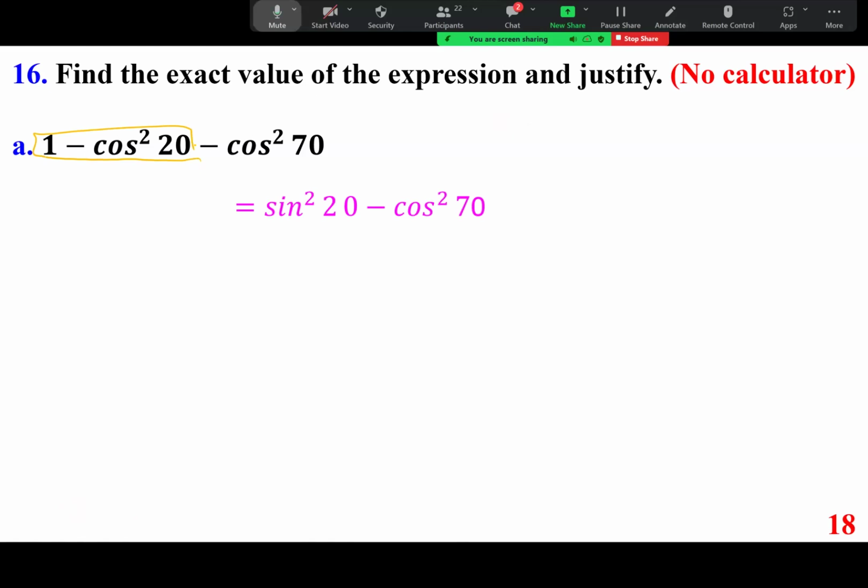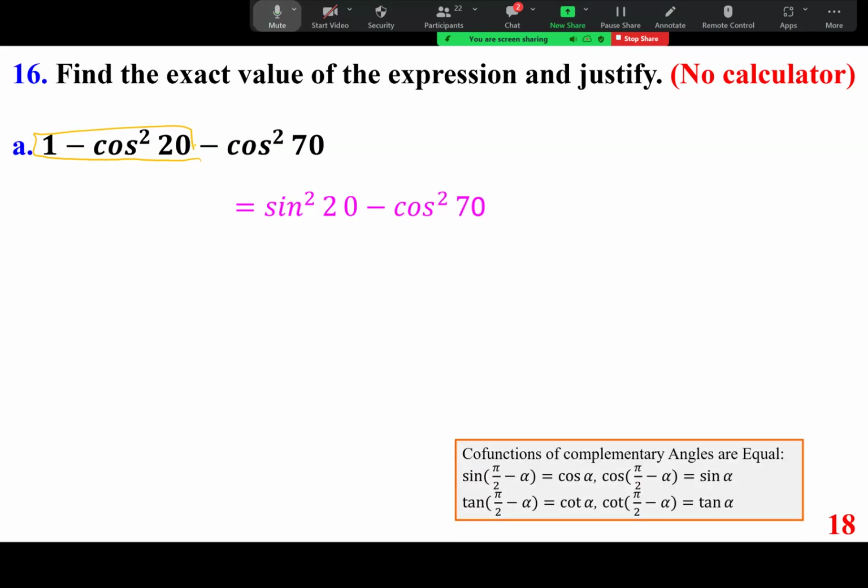Also, the concept of cofunction was discussed. For example, cosine of pi over 2 minus alpha is sine of alpha. Well, that means cosine of 70 is sine of 90 minus 70, or 20. So we can change this to sine squared 20 and they cancel each other. We end up with 0.